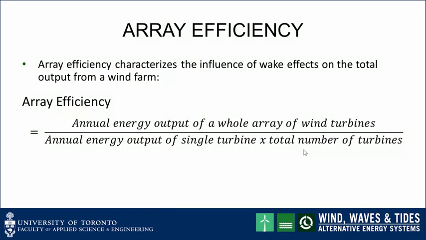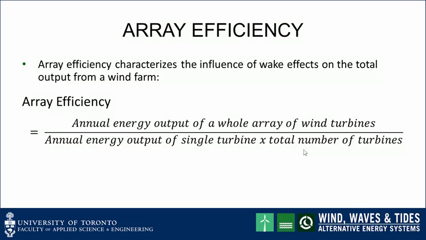We can use something called the array efficiency to characterize the influence of wake effects on the total output from a wind farm. So the array efficiency is equal to a numerator, which consists of the annual energy output of an array of wind turbines. So that's the actual output of the array. So that includes all the degradation of performance from the interference effects, whereas the denominator represents what would be possible if there were no interference effects.